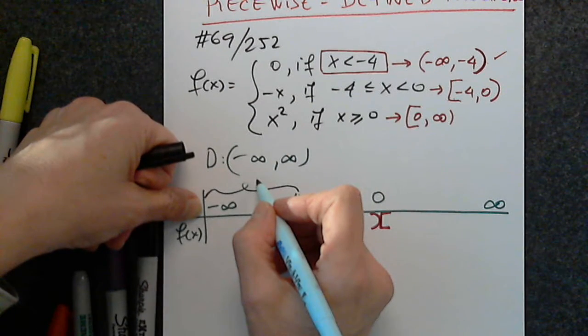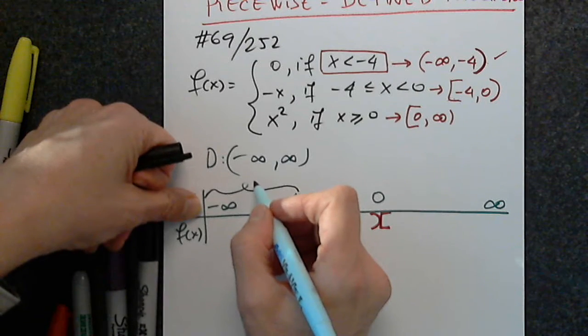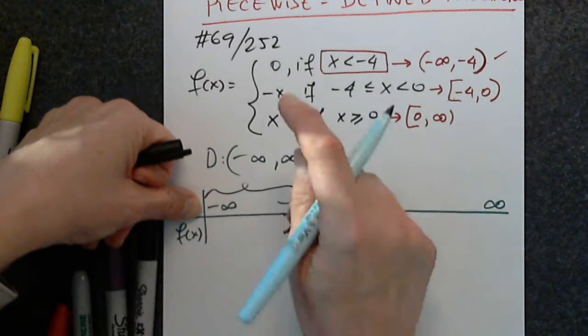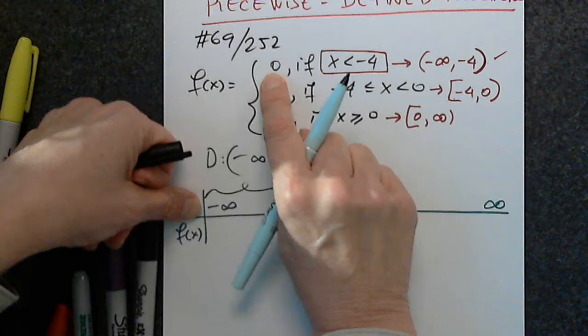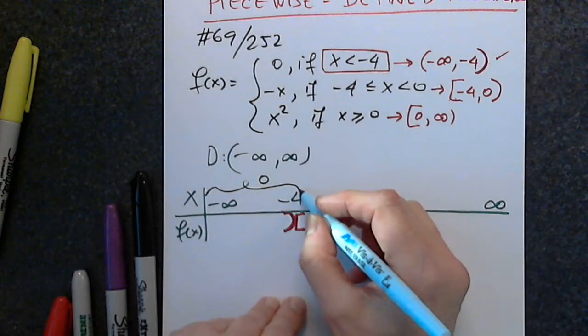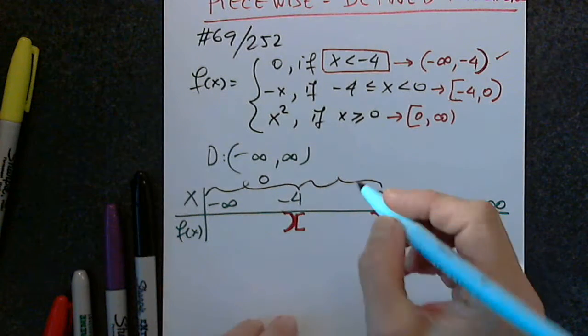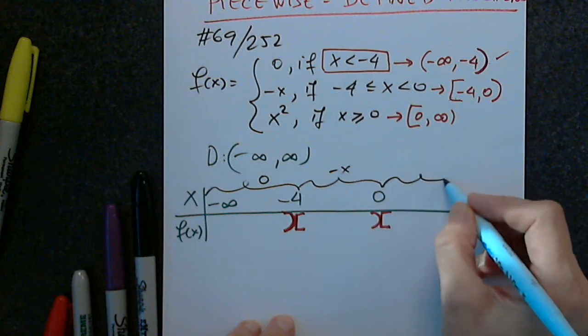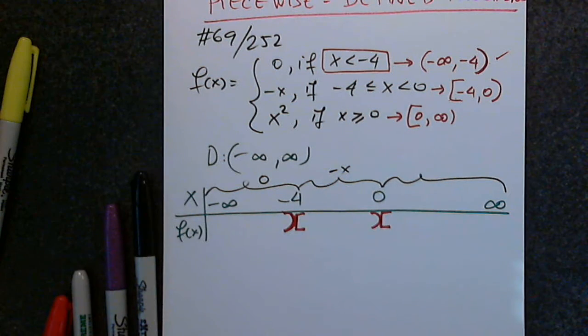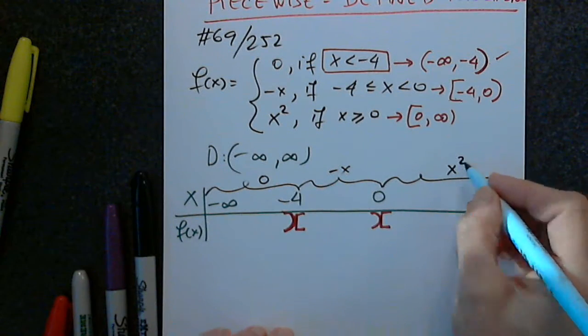Which is? Just read it and I'll put it in. 0. Very good. Which function are we going to use between -4 and 0? Very good. Which function are we using for x values between 0 and infinity? Very good. Perfect.